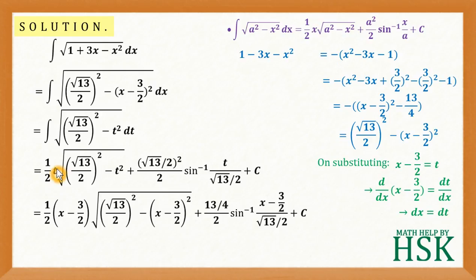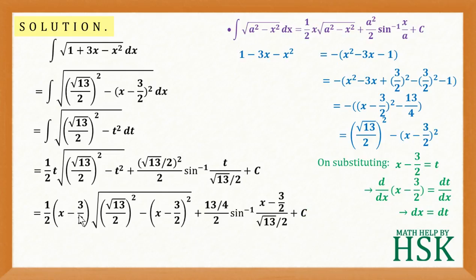On replacing the value of t again as x minus 3 by 2, I get this as 1 by 2 times x minus 3 by 2 into root 13 upon 2 whole square minus x minus 3 by 2 whole square plus 13 upon 4 whole upon 2 sine inverse of x minus 3 by 2 upon square root of 13 upon 2 plus c.